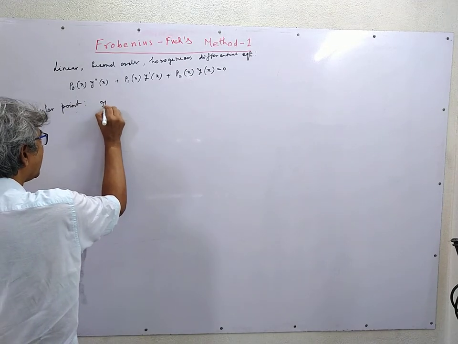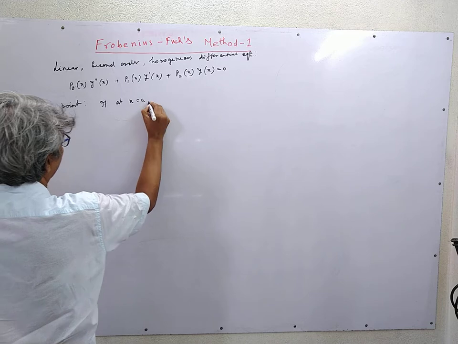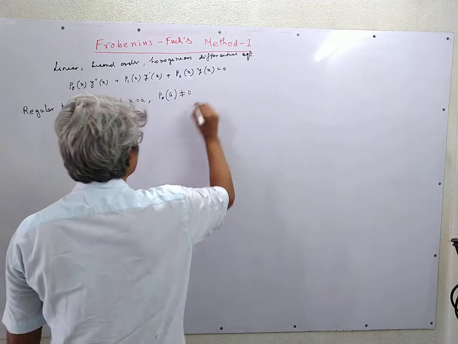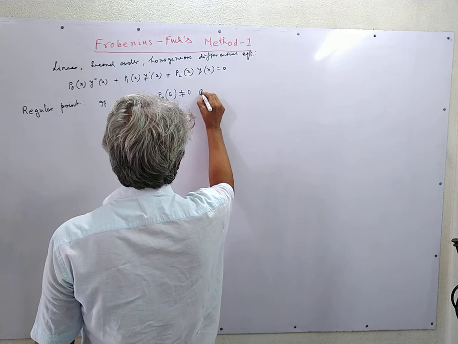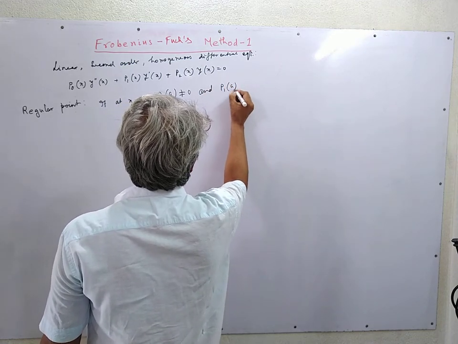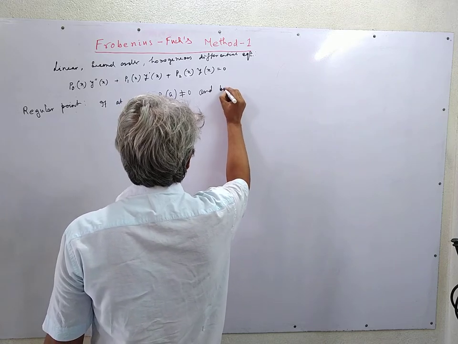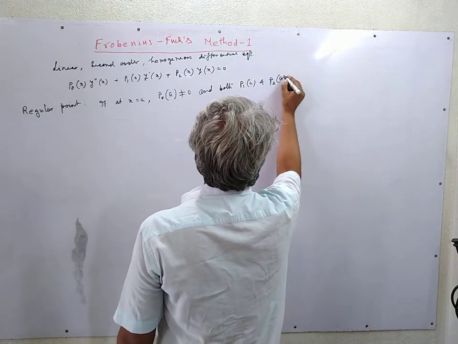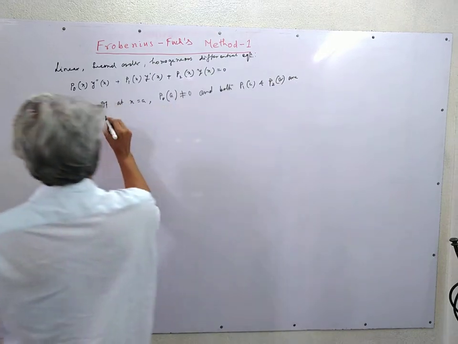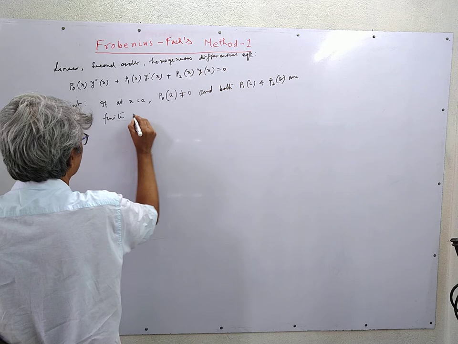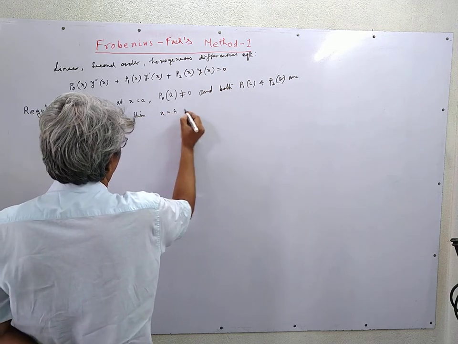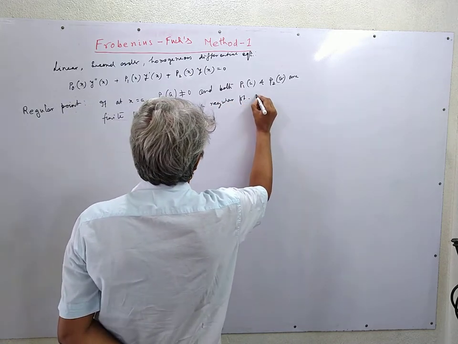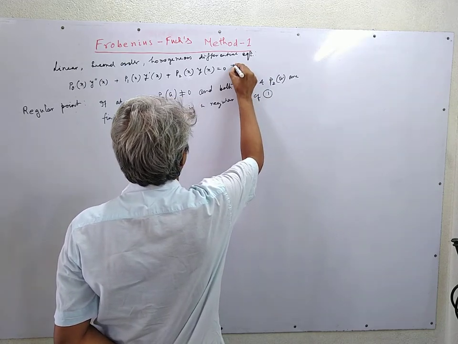If at x is equal to a, p0 of a is not equal to 0 and both p1 at a and p2 at a are finite, then x is equal to a is a regular point of equation 1.